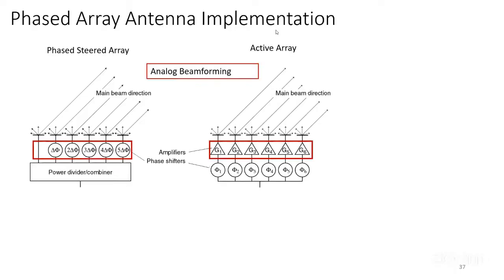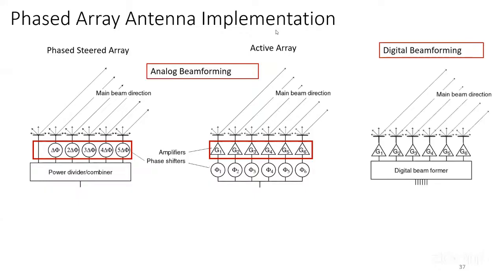It has analog beam forming and digital beam forming. Digital beam forming is where most signal processing algorithms will be used. That is the more advanced technique, and it is very widely used in radar applications.